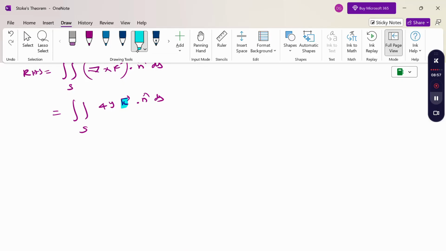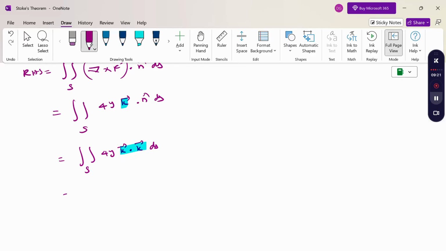If there were three directions, we would use the unit normal to find it, but here there is only one direction, therefore n cap is k vector. So the double integration of 4y k vector dot k vector into ds. What is k vector into k vector? The dot product value is 1.